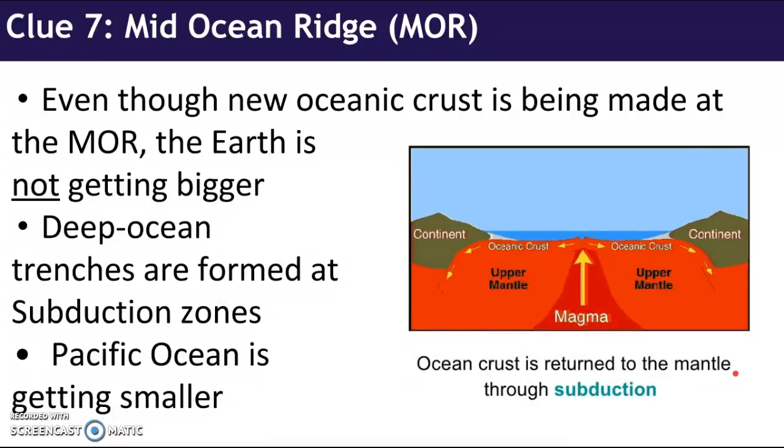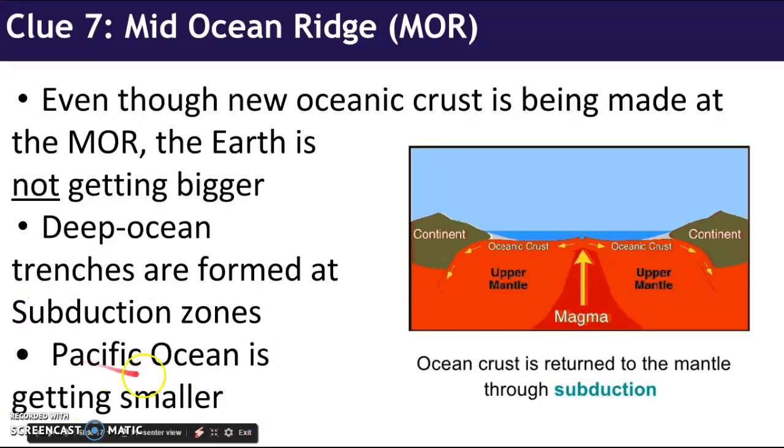So even though there's new oceanic crust being made and constantly spreading, the Earth isn't getting any bigger. And why might that be? Because in other areas of the world, we get subduction happening. While new crust is being created, there's always old crust being destroyed. The best example of that would be that if the Atlantic is growing and spreading, the Pacific is subducting.